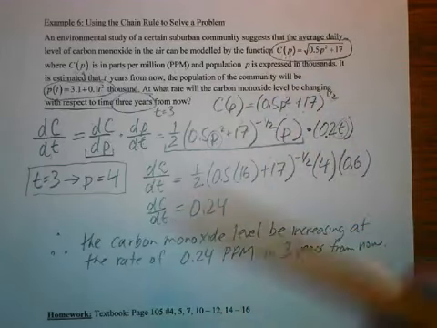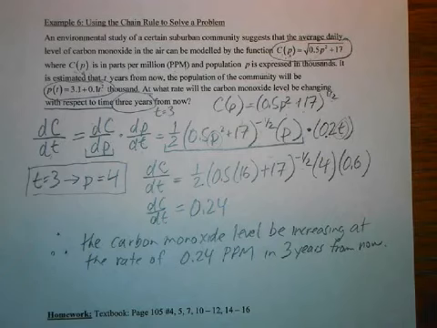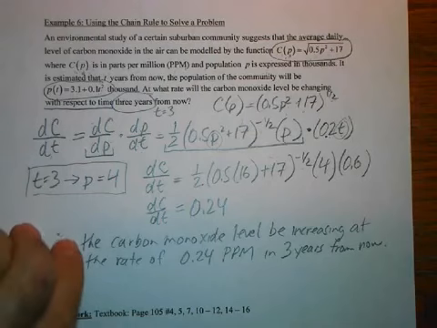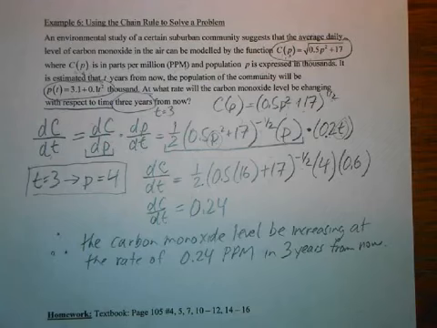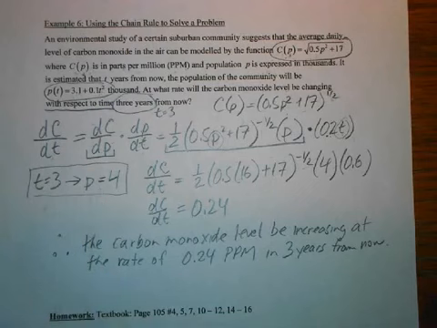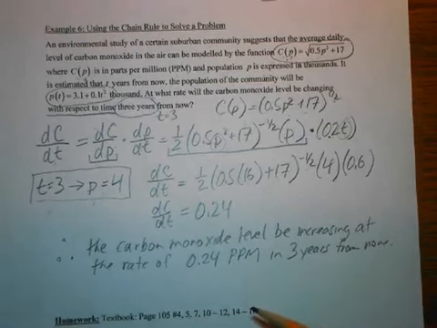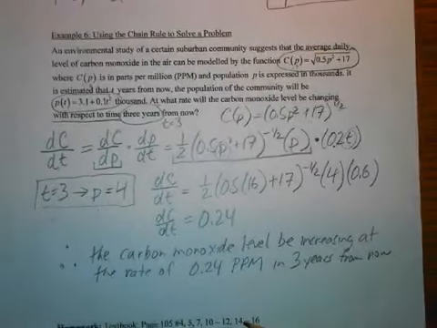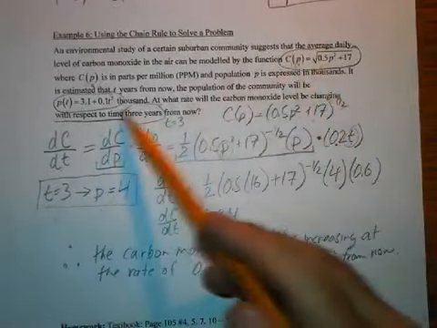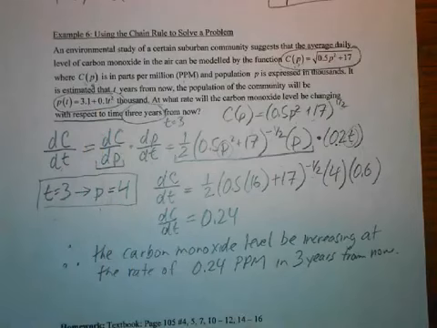Well, that's through the composite function, and if we take the derivative of that composite function, we'll get the instantaneous rate of change in 3 years from now, if we plug in t equals 3, which causes p to be 4. So this is a good question. I know in the past in unit tests we've had something similar, a word problem with two different functions that when combined make a fairly interesting composite function.